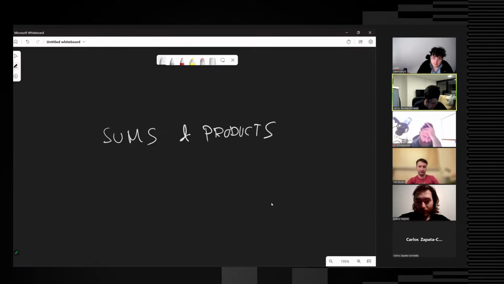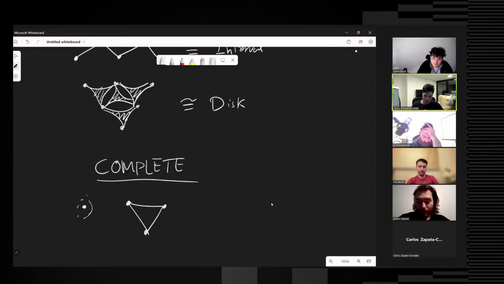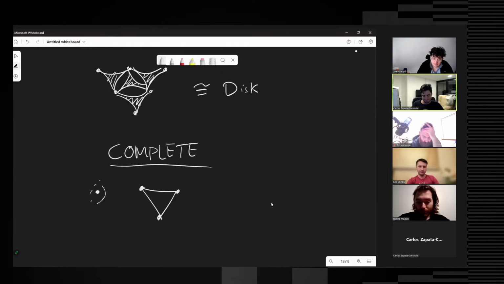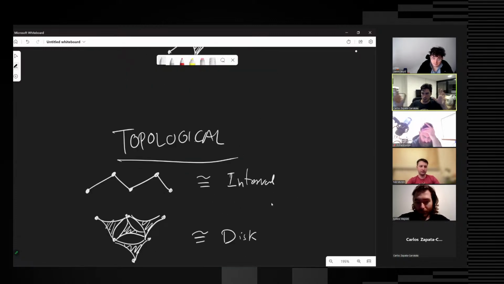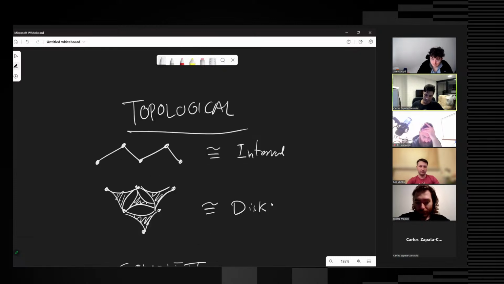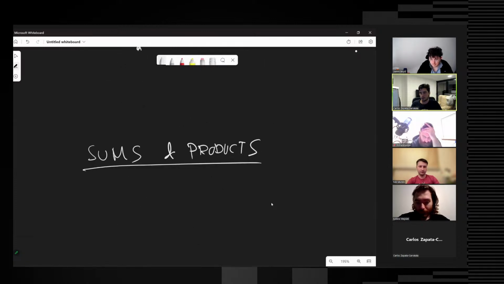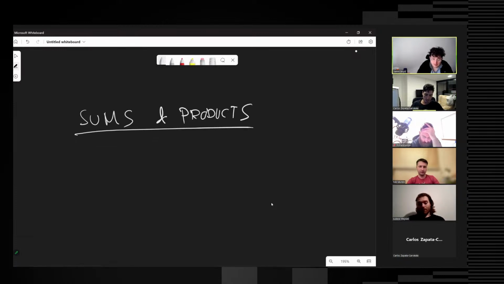So basically, once we have these, the complete ones are kind of a trivial thing to do. We have the small ones, and the topological ones, which are at these two ends of a spectrum. Then we take the basic operations of hypergraphs and say, whatever you can make with these is also part of the classification. Just to remember, we'll probably focus on sums more than products, because the product construction depends on what kind of data structure you want to reproduce.